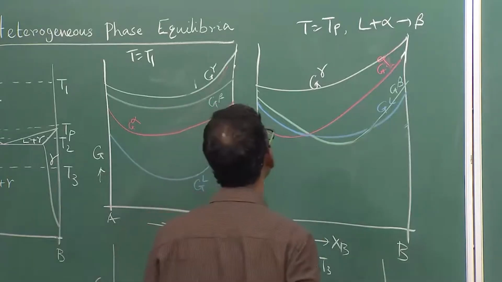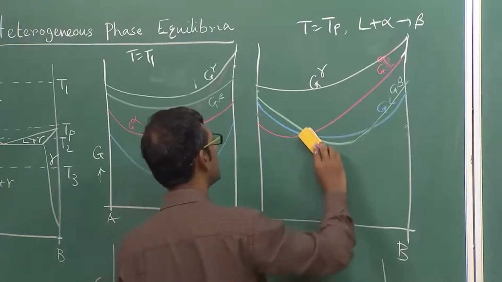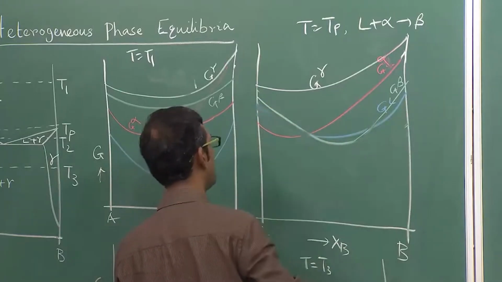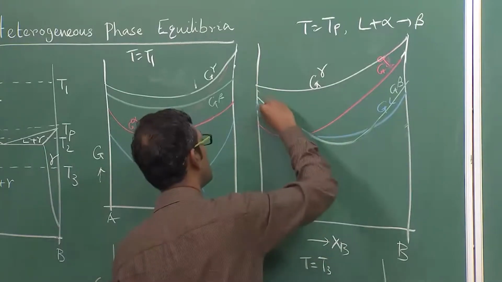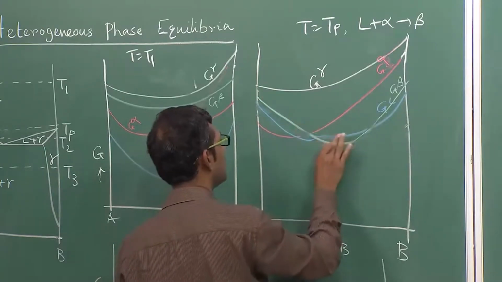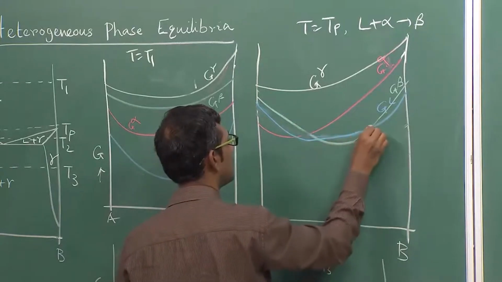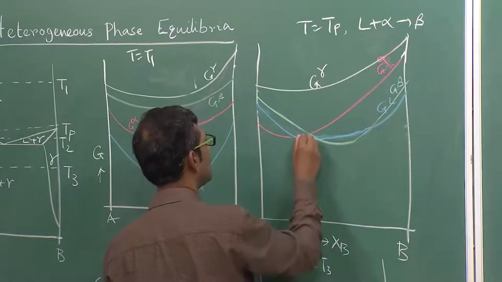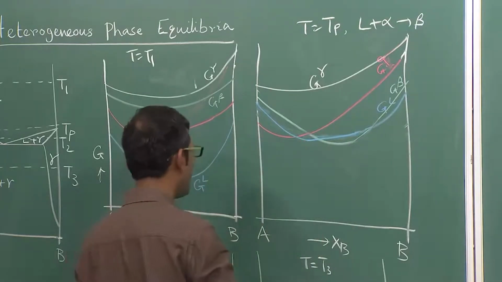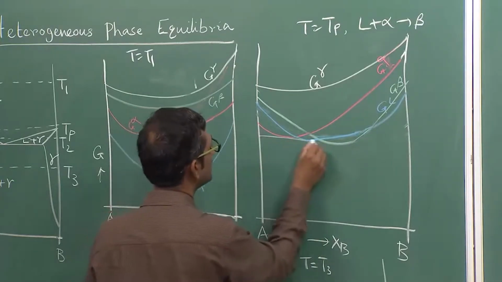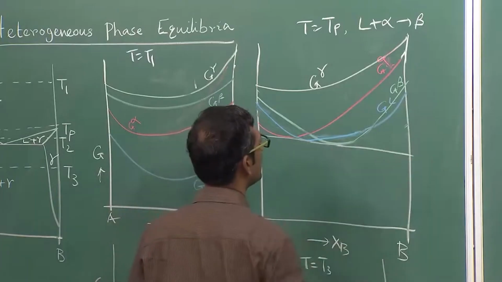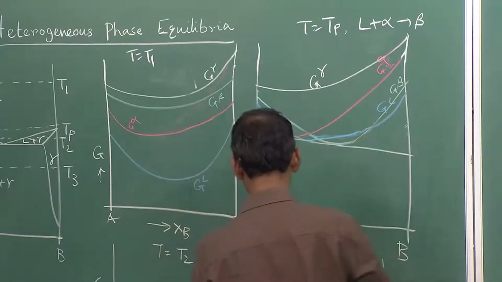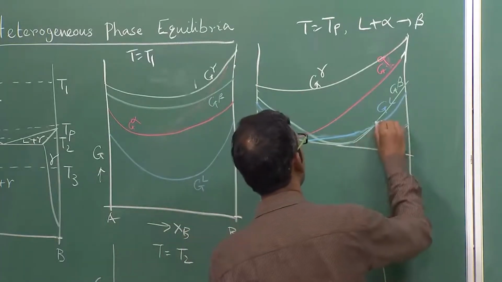Oops, still it is not proper, so we have to bring it down a little bit. So I draw a common tangent between these three curves here, and I draw a tangent here between beta.